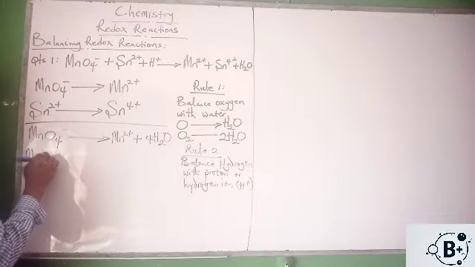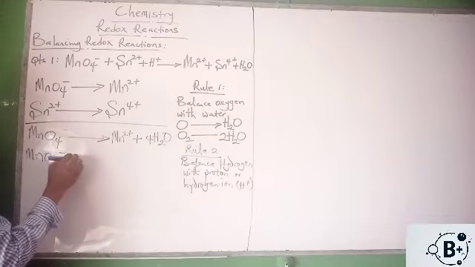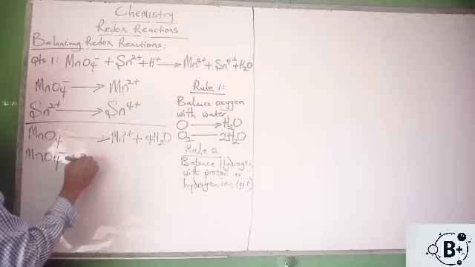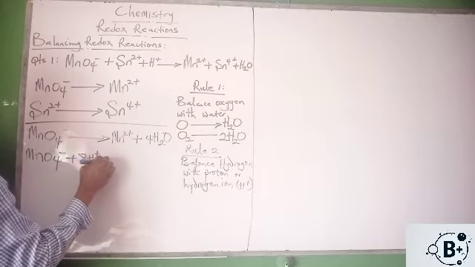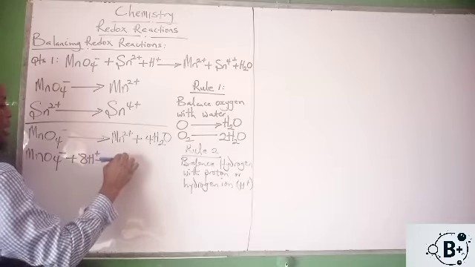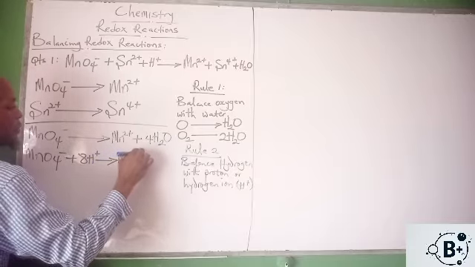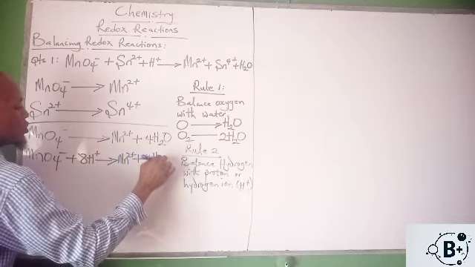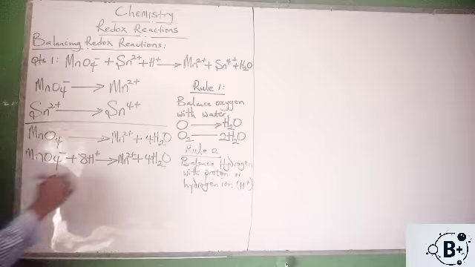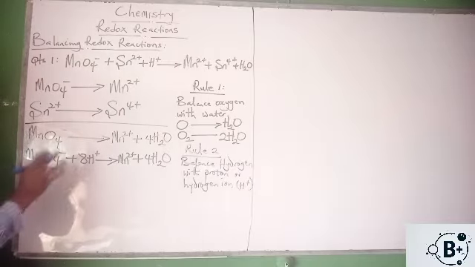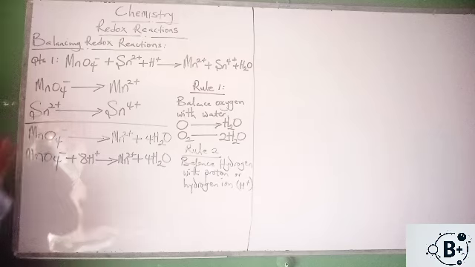So MnO4- plus 8H+ giving us Mn2+ plus 4 molecules of water. Having written it this way, we are done here. Let's now move on to tin.